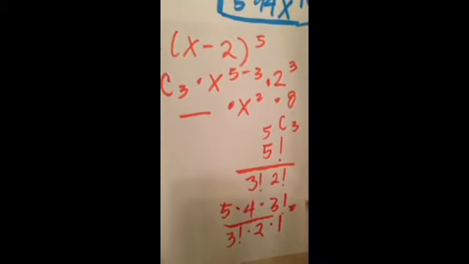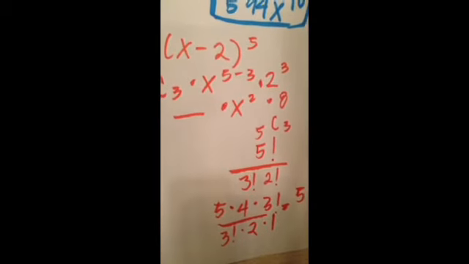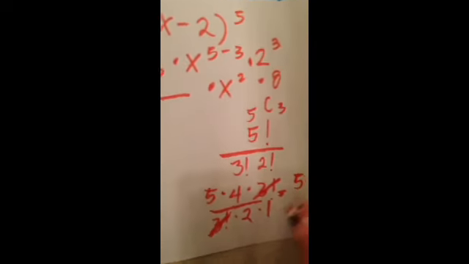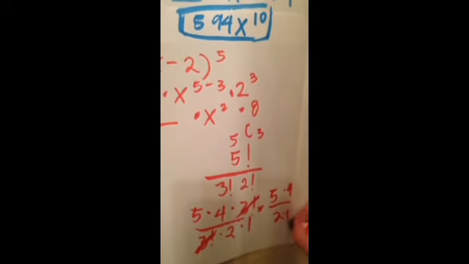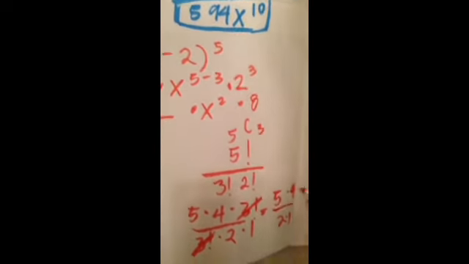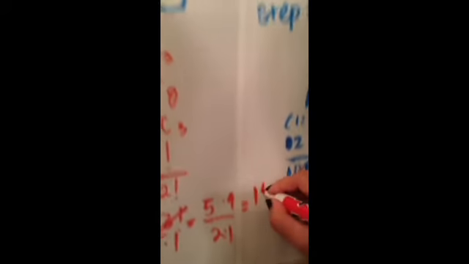And then this reduces down to 5 times 4, because these cancel out, over 2 times 1. And then that reduces to 10.